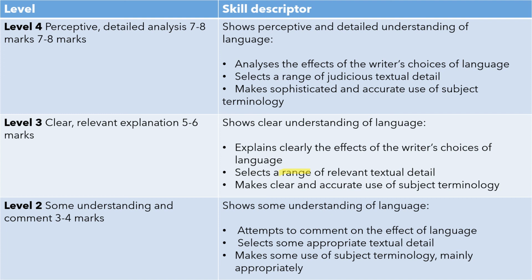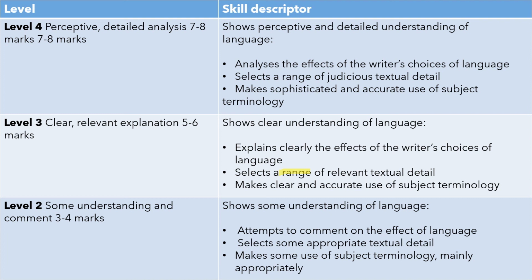So it says in the skill descriptor, shows some understanding of language. Again, you can see for each skill descriptor, it's gone down a little bit for each level. So attempts to comment on the effect of language, selects some appropriate textual detail, makes some use of subject terminology, mainly appropriately.